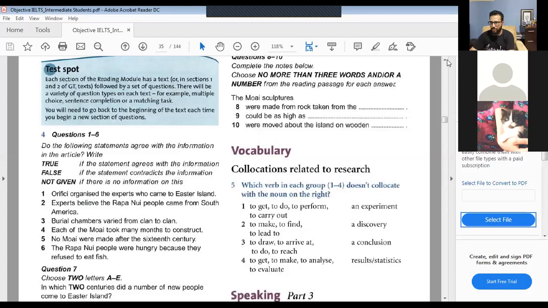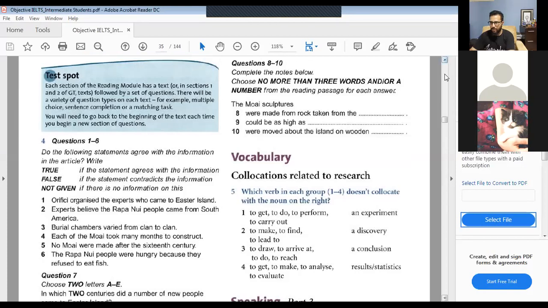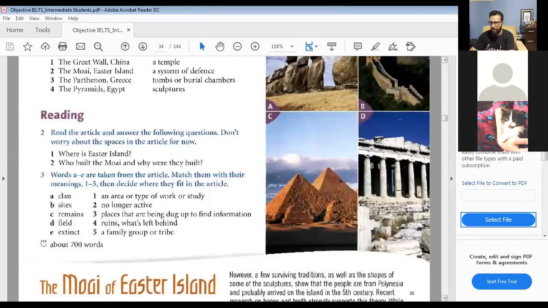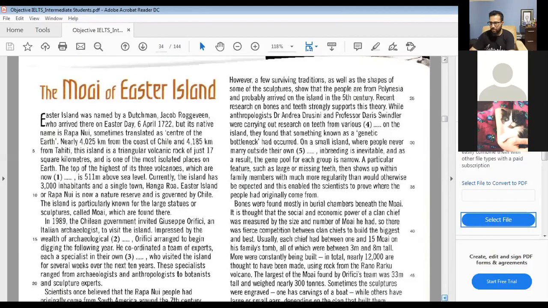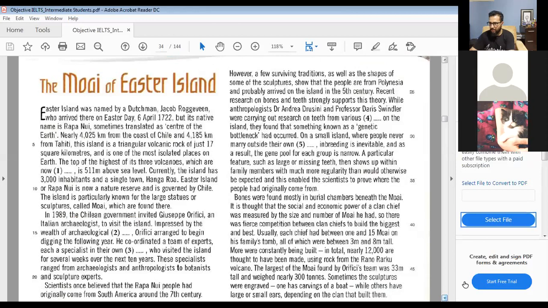Okay, so let's go back to the article. And I'm going to post the question maybe on the left side, on the right side. Let's see how this works.